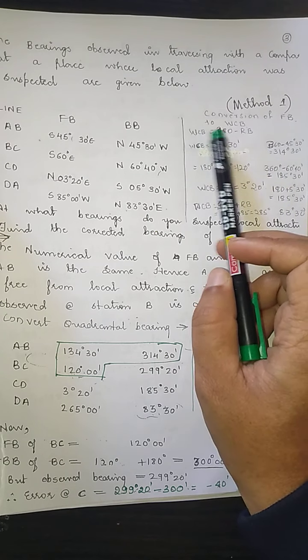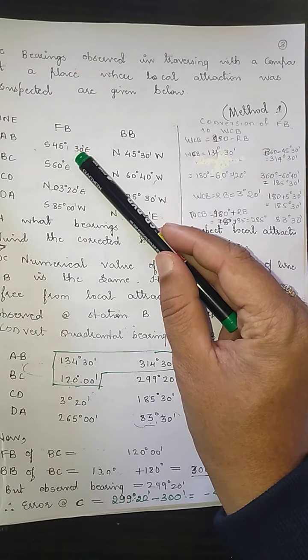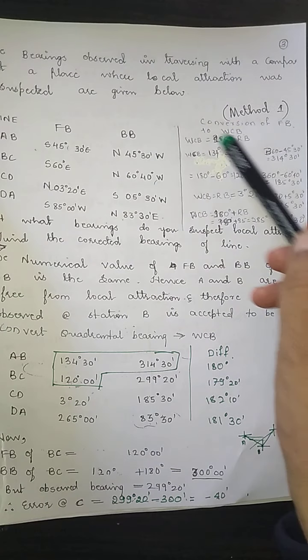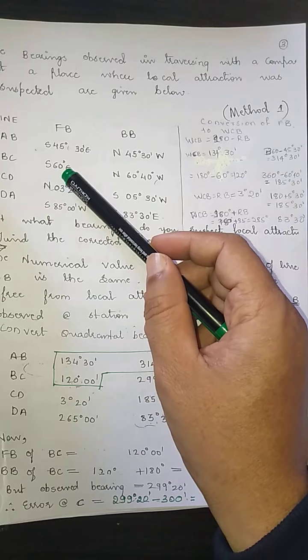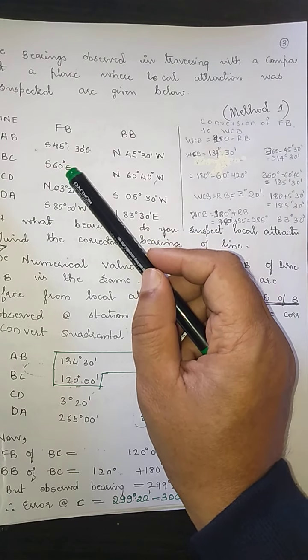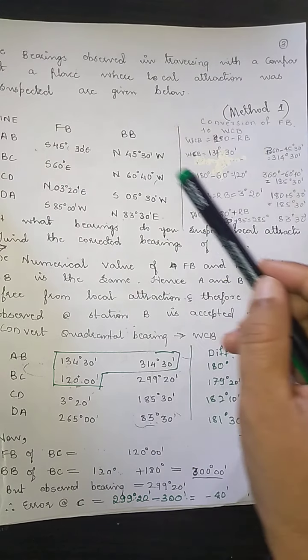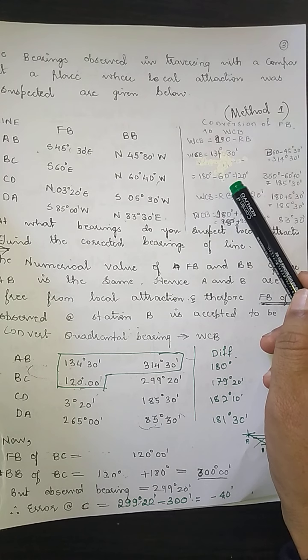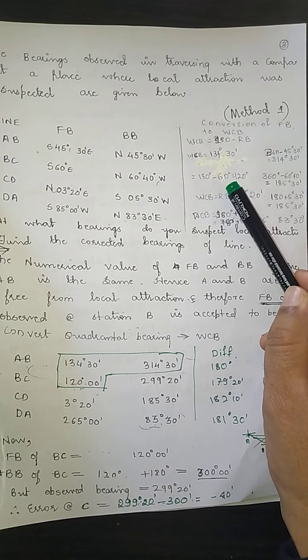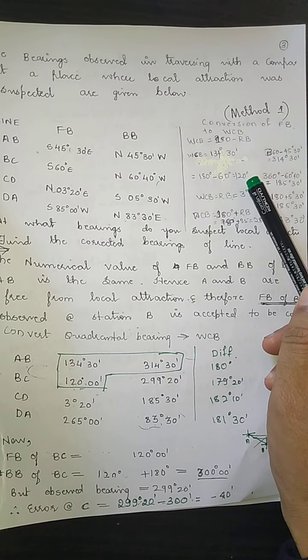So 180 degree minus 45 degree 30 minutes, we get 134 degree 30 minutes. So the fore bearing is 134 degree 30 minutes. Then south 60 degree east: again the formula is 180 degree minus reduced bearing, so it is 120 degree.